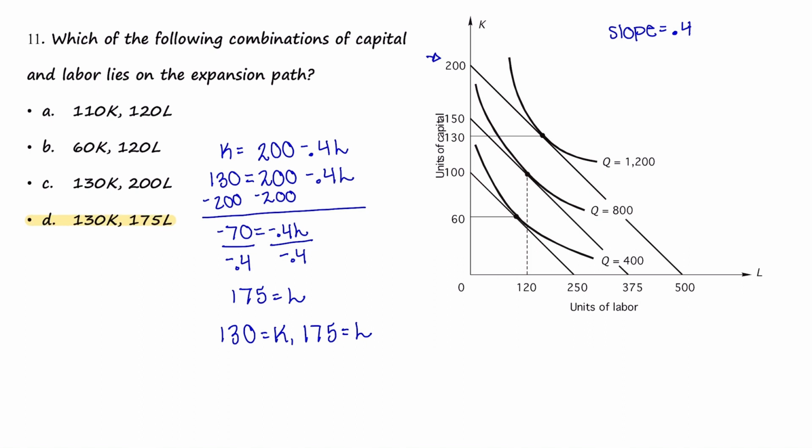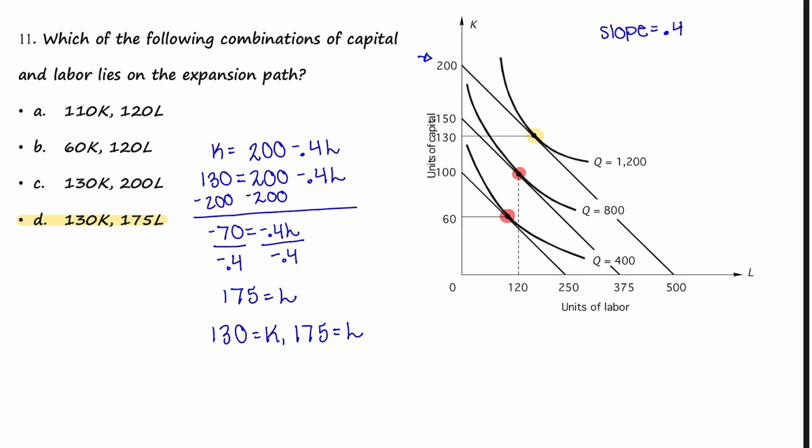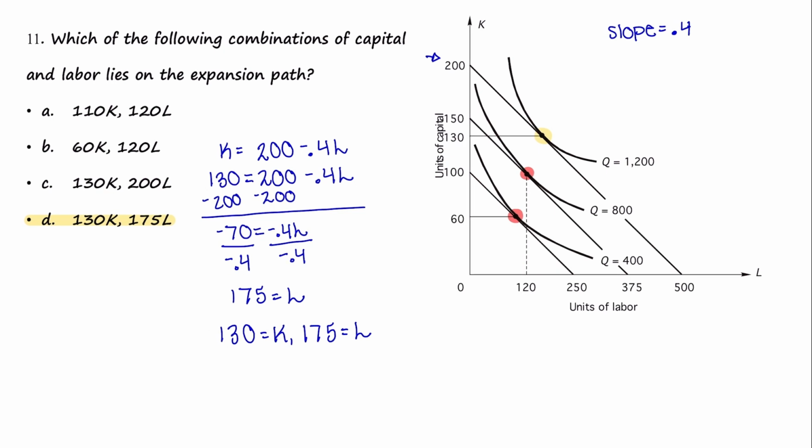Essentially what you're trying to do is figure out this point, because we already know that these 2 points are on the expansion path, and you're just plugging and chugging until you get an answer. And for this one, 110 is going to be over here, and then 120 would be like way up here.